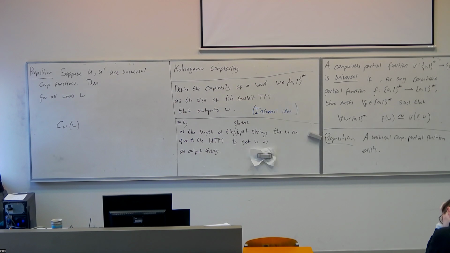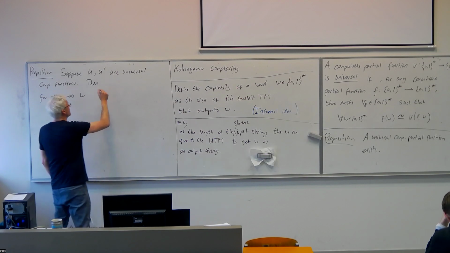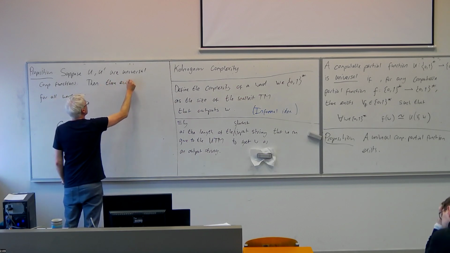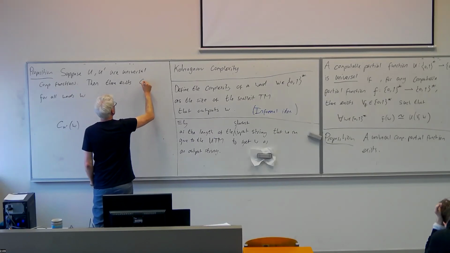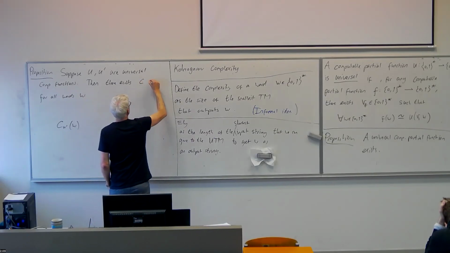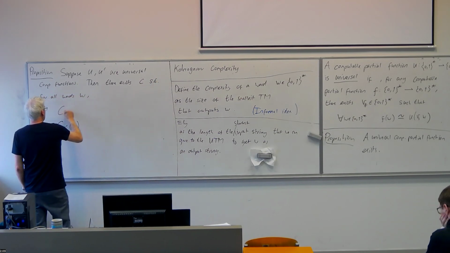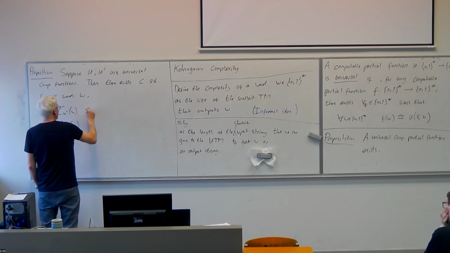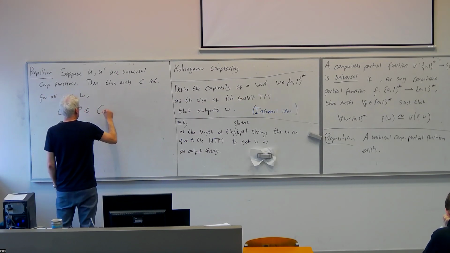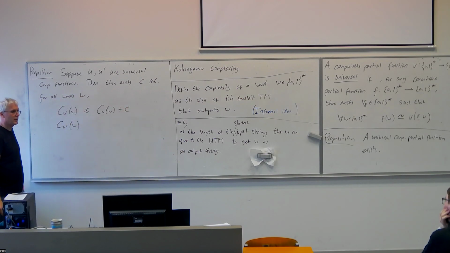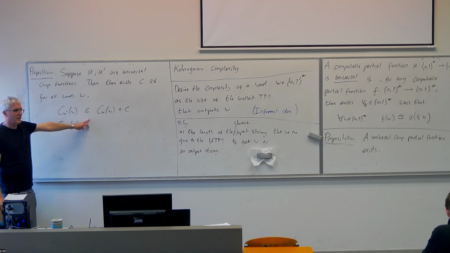There's a very nice fact here, which is that there always exists a constant C such that for all words W, the U prime complexity of W is less than or equal to the U complexity of W plus C. So there's only an additive constant that separates them.